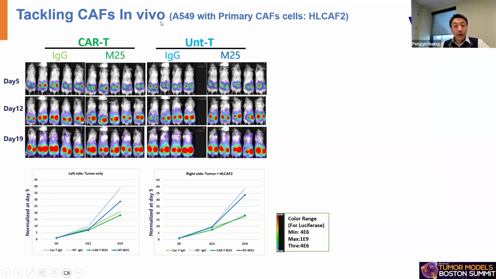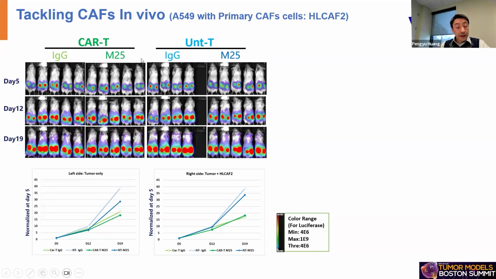So now we're using lung cancer A549, and we're using primary CAFs. They have better CAF marker expression on the surface. Also, the in vitro team's data showed better protection. So we picked this pair.